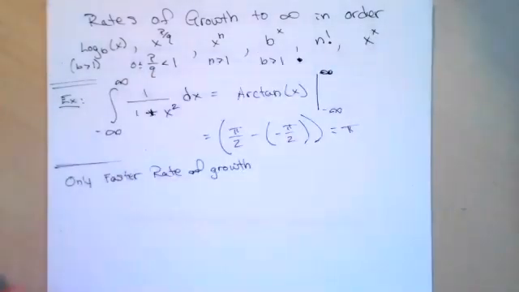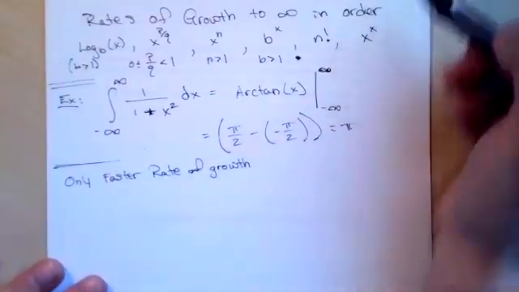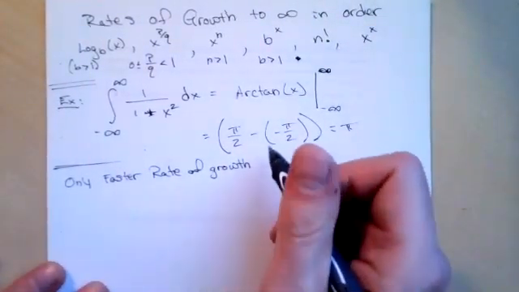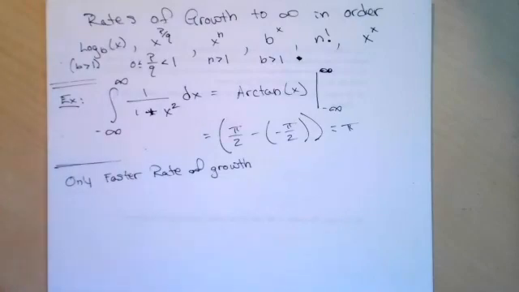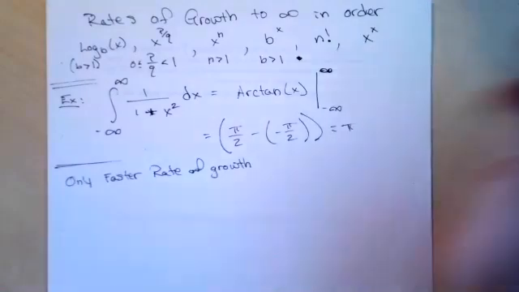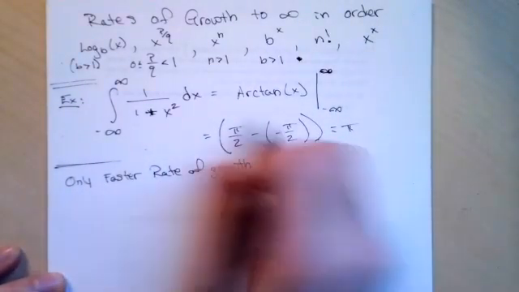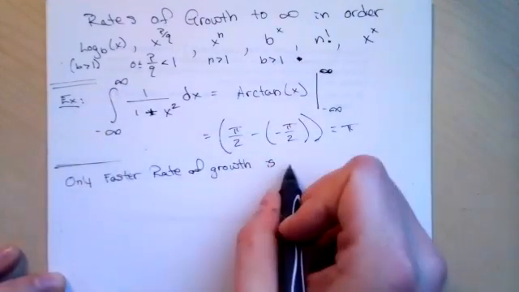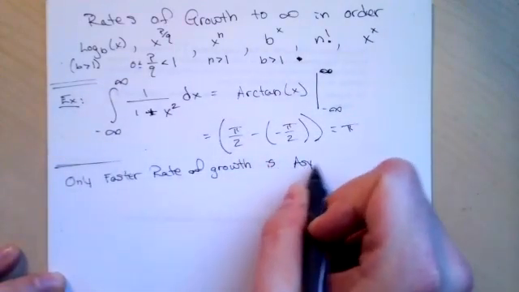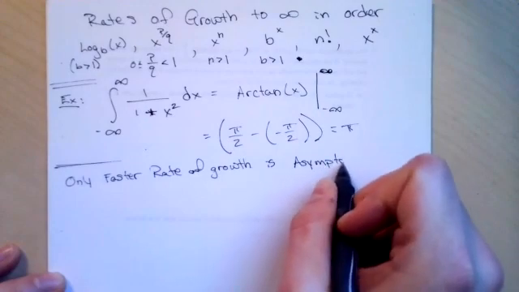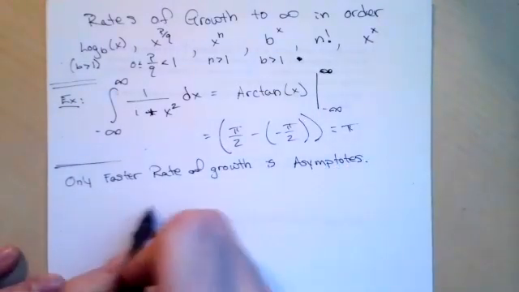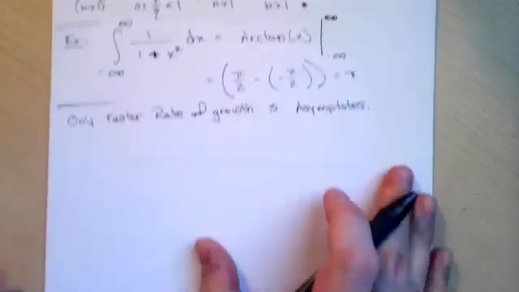Other than doing more compositions as well, like we could take x to the x to the x and keep going. But in terms of mathematical concepts that are introduced, that's basically it. You could always compose functions and take functions of functions to get even faster rates of growth. But the only newer concept that's different from what's introduced is asymptotes. Why asymptotes? Because there they go off to infinity in finite time.